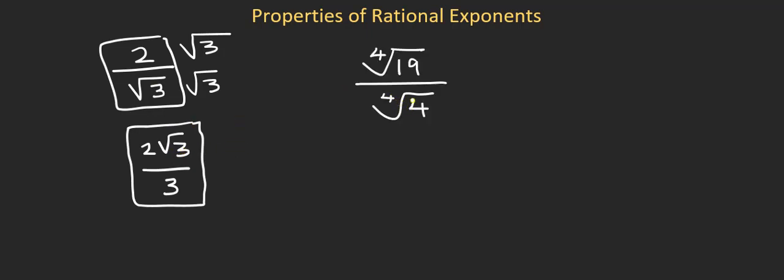Now, what if you want to get rid of the radical on the bottom? First of all, writing this problem like this, 4th root of 19 over 4th root of 4, doesn't really help us. The 4th root of 4 is the same thing as 2 times 2. So since the index is 4, you need 2 more 2s to come out.